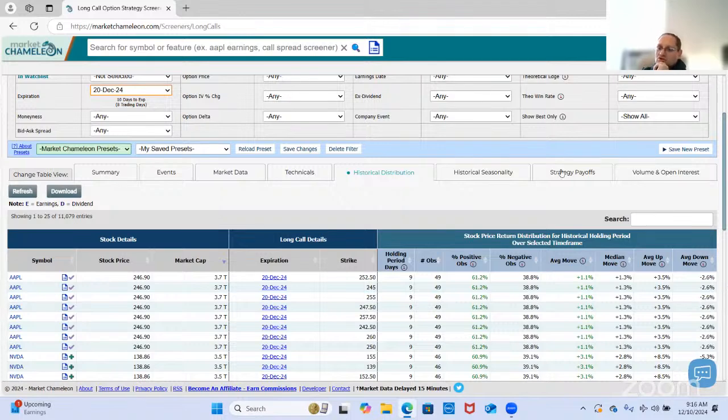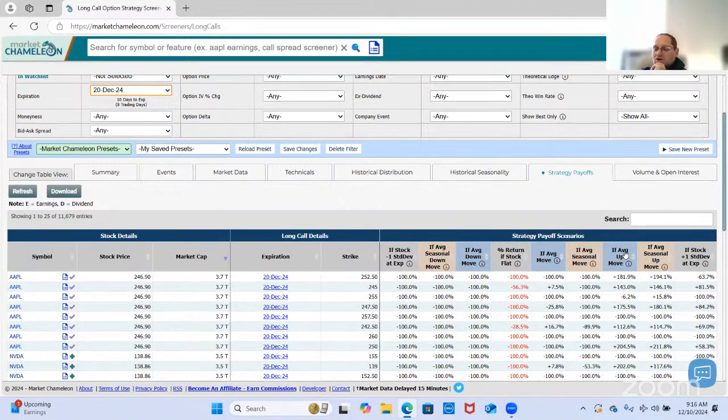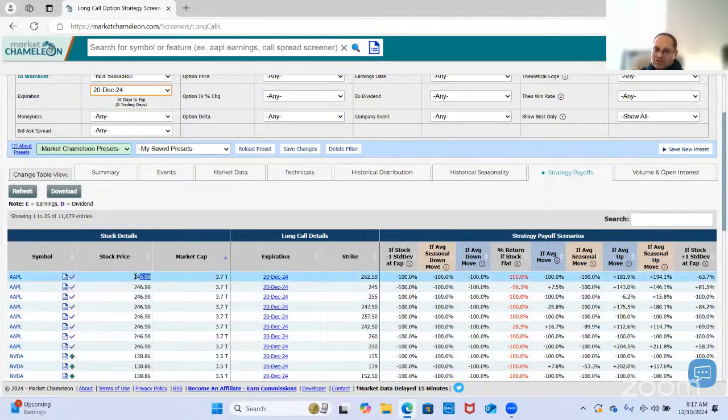This is the strategy payoff and says, if the stock moves up by that average up move, which we calculated 3.5%, so we go from 246.90 at 3.5%. Then we take that stock price and subtract the strike price.